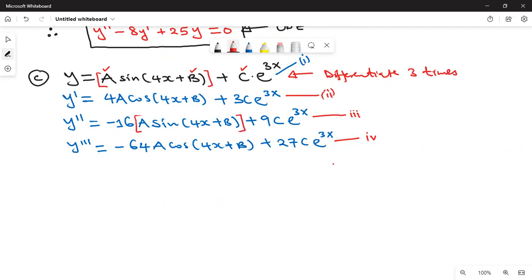So I'm going to substitute equation 1 into equation Roman 3, where we have A sine 4x plus B is the same as, I can make this the subject, y minus c exponential 3x.